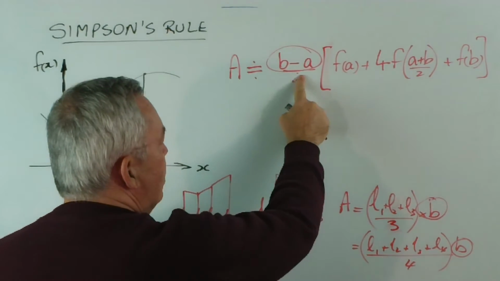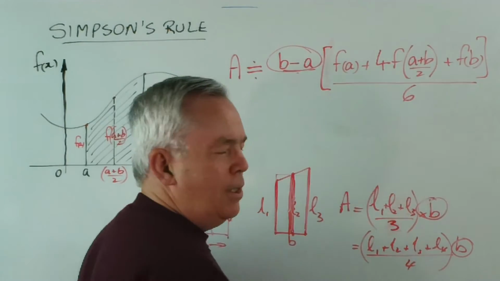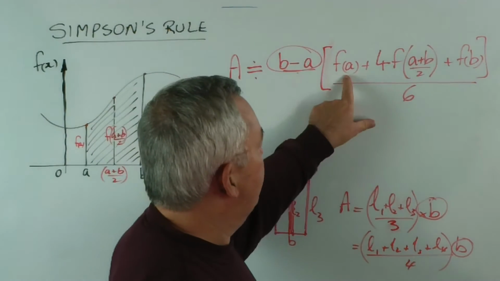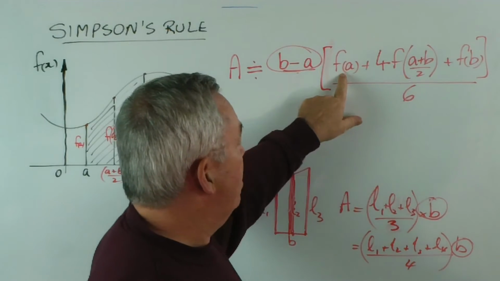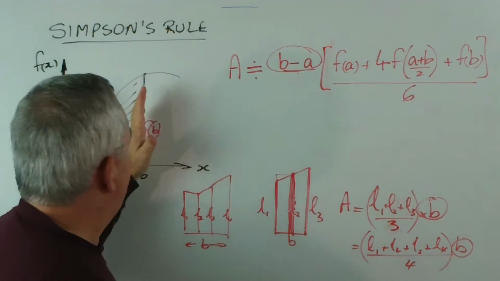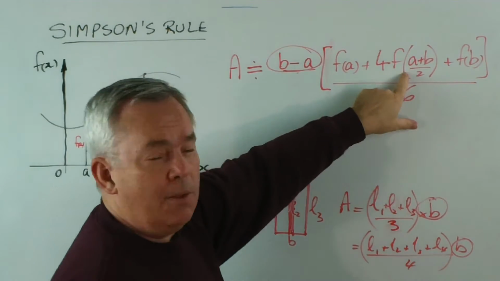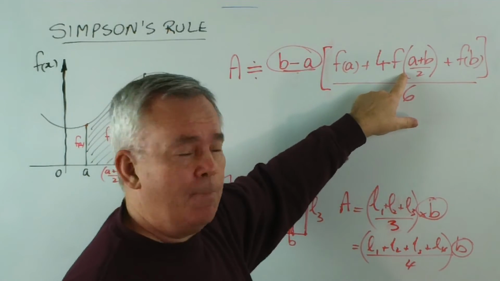I want us to move the 6 underneath here and ask the question, how many lengths do we have to average? We have 1 on the left, we have 1 on the right, and we have 4 lengths in the middle. Now they happen to be the same length, but there are 4 of them.